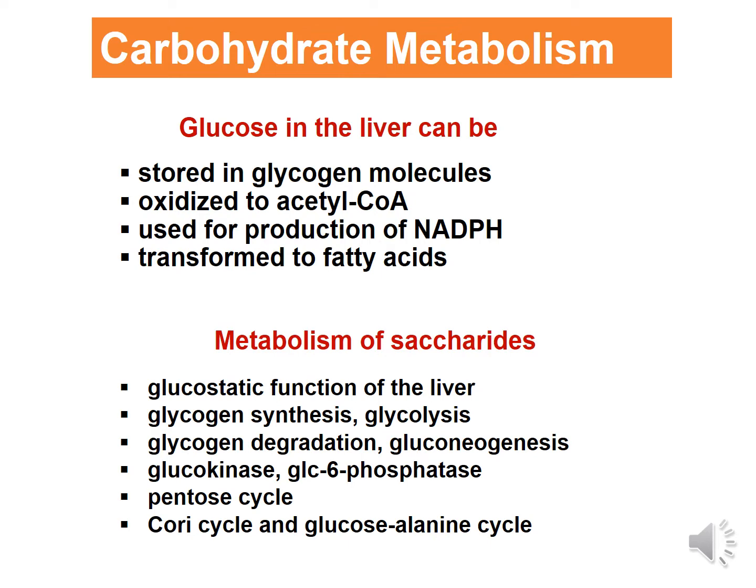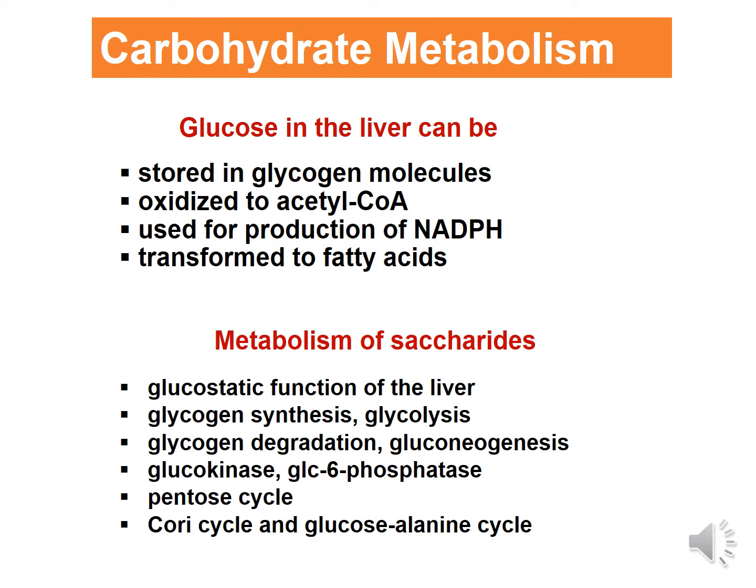So glucose in the liver can be stored in glycogen molecules, or oxidized to acetyl-CoA to make ATP, or used for production of NADPH in the pentose phosphate cycle, or transformed to fatty acids.